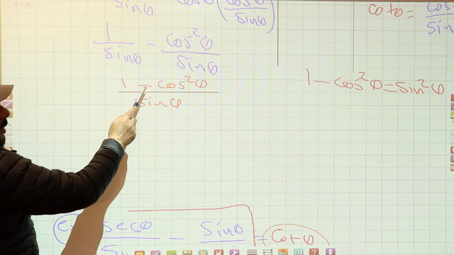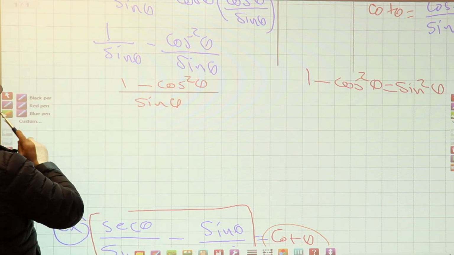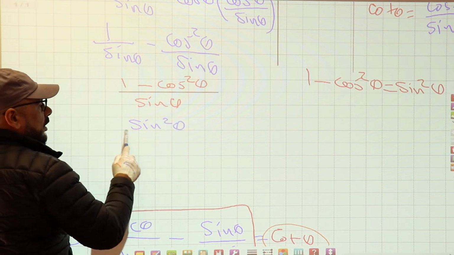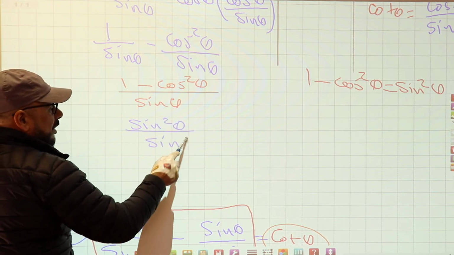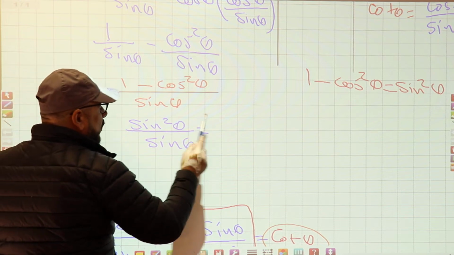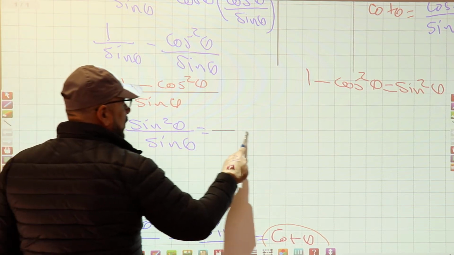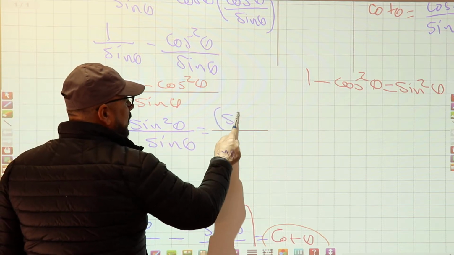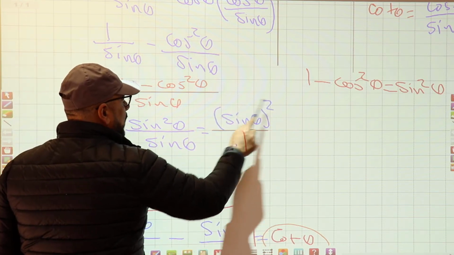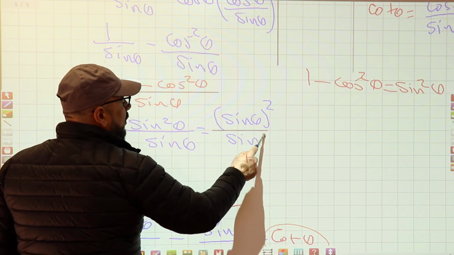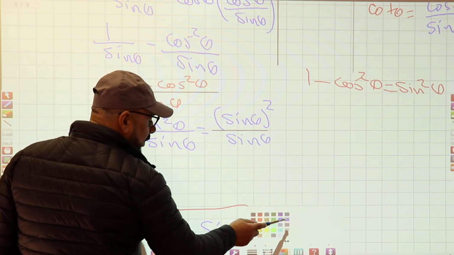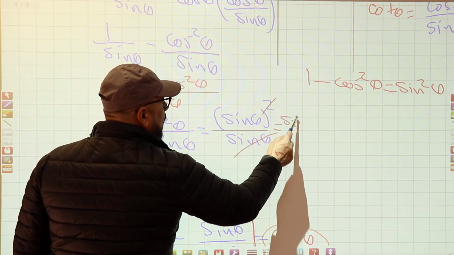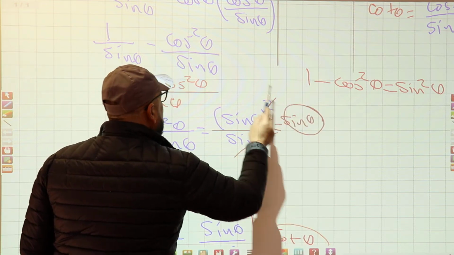Then we can take all 1 minus cosine square and make it sine square theta over sine theta. This is the same as sine theta square over sine theta, and this cancels with this, and we end up with sine theta.